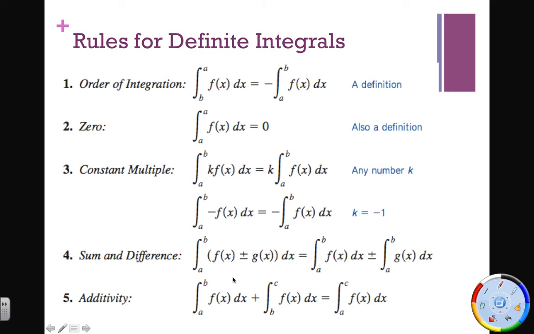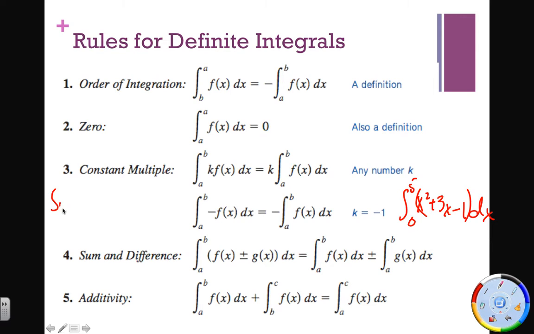The sum and difference, this is very, very handy for us, just like the sum and difference property was for derivatives, which means now we can find the integral of a really kind of ugly polynomial. If you had, let's say, the integral from 0 to 5 of x squared plus 3x minus 1 dx, you could actually break this up into the sum of 3 different integrals from 0 to 5.